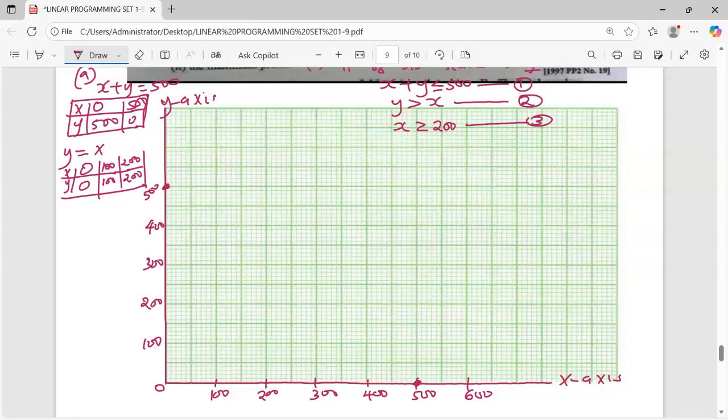Once we have done that, we draw a line joining the 2 points. Then we shade the required region. So drawing the line here, that is the line we have drawn. So the next thing we are going to do is to shade the required region. Remember, what we need is below, because x plus y is less or equal to 500. So we are going to shade this upper part of the line.